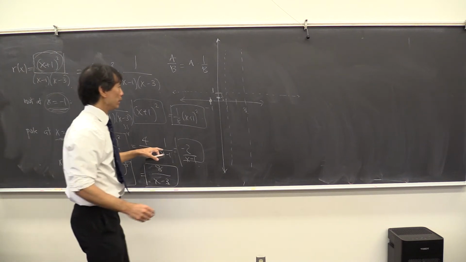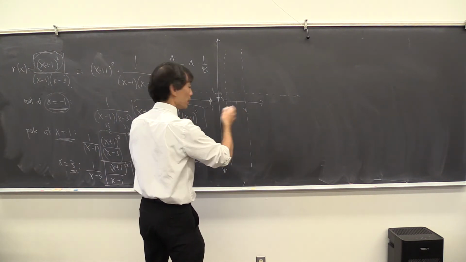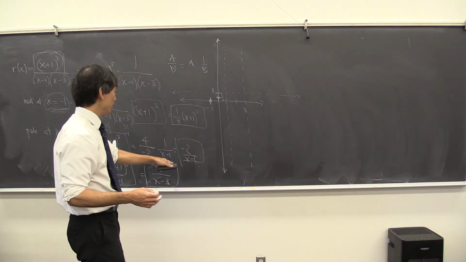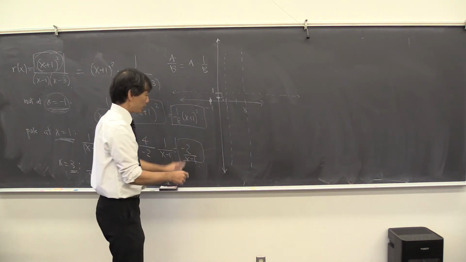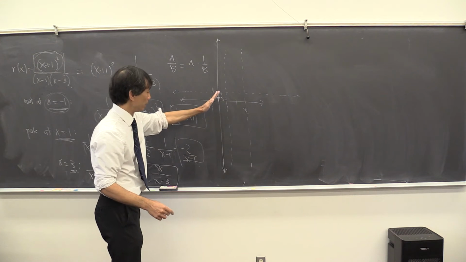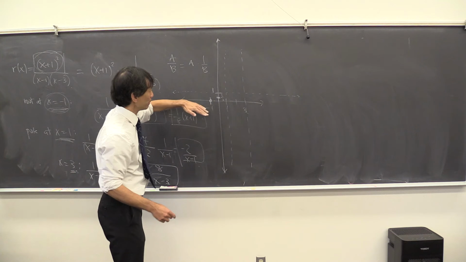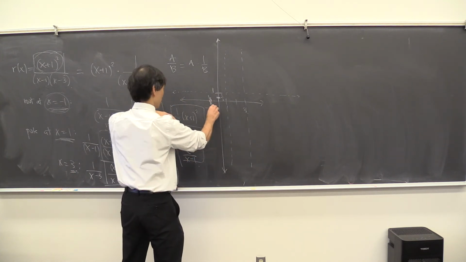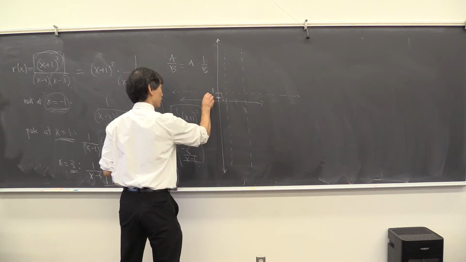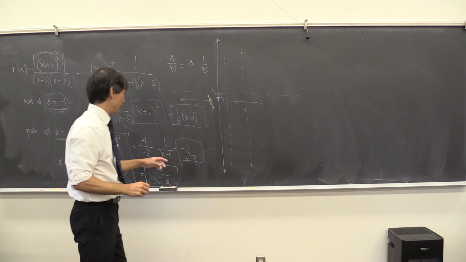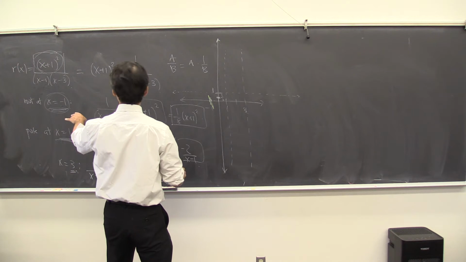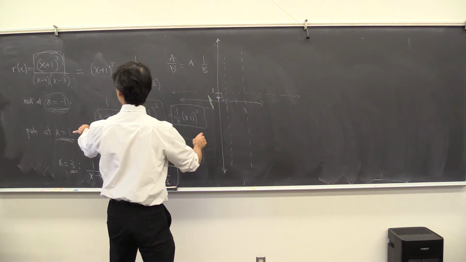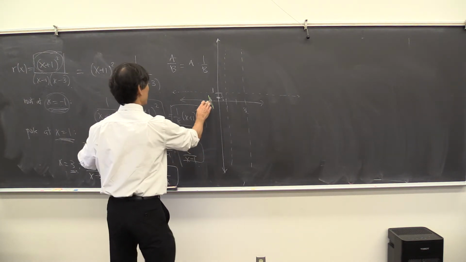Okay. So again, we're just going to use our previous knowledge. At -1, we look like the line y equals 2x shifted over and flipped upside down. Right? At, oh no, that's not right.